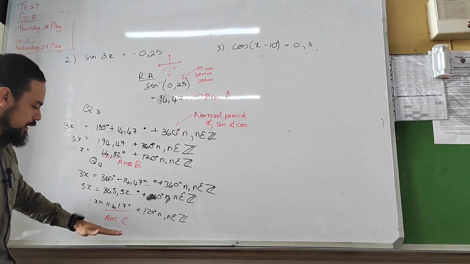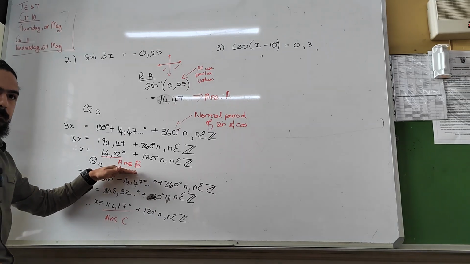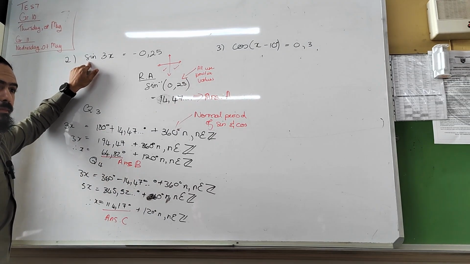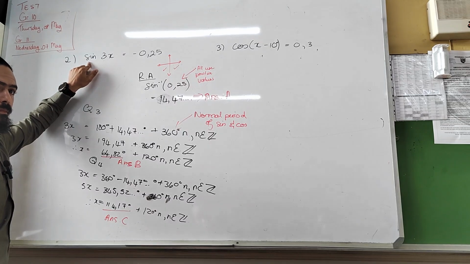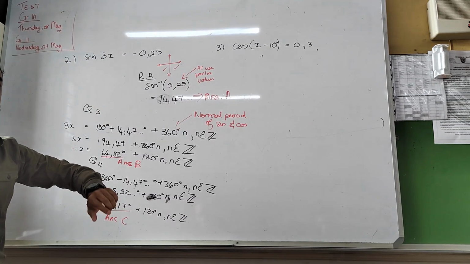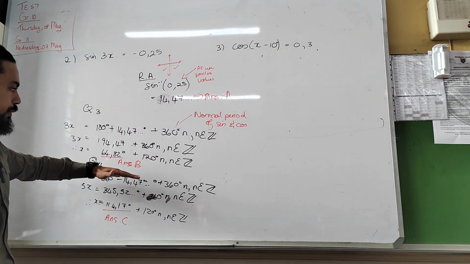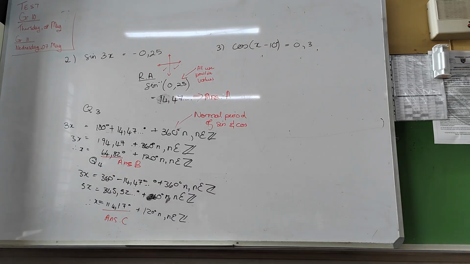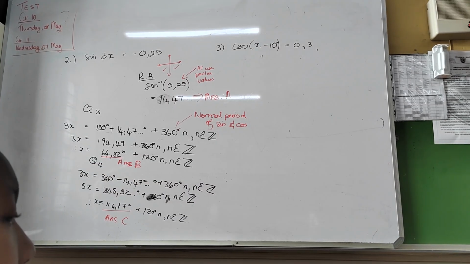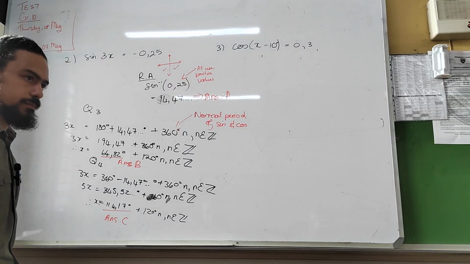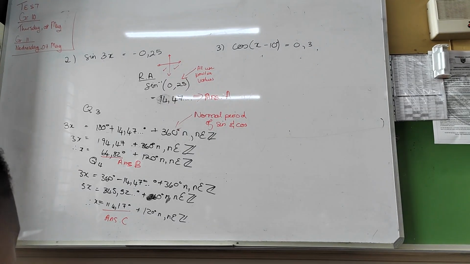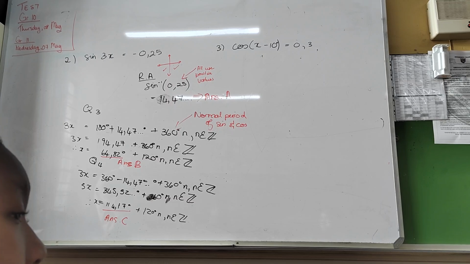You have stored this as answer C. You have stored this as answer B. Now you go to your calculator. You type in sine 3 multiplied with, open a bracket. You're going to put alpha B. You were supposed to store that on.